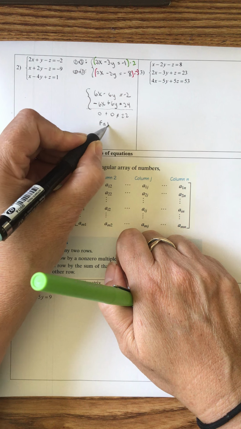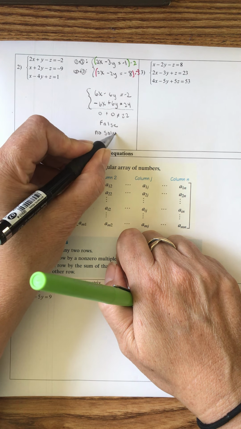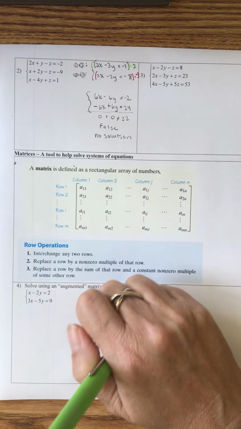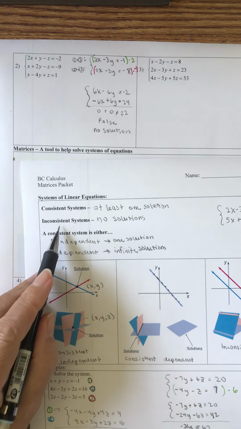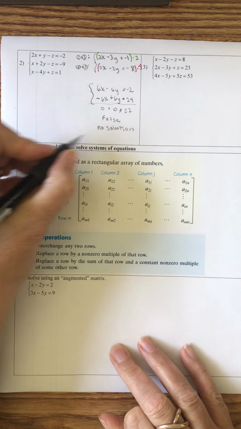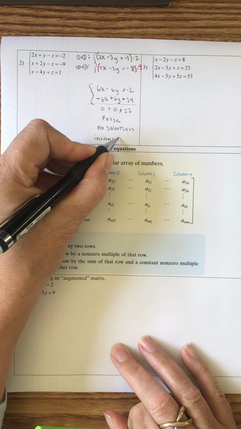False, which means no solution. And if I was going to pick the right words from the beginning of the notes, a no solution is an inconsistent system. So false, no solution, inconsistent.